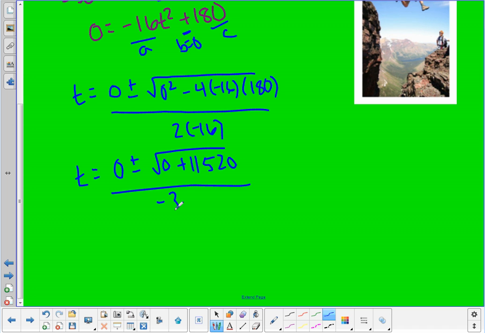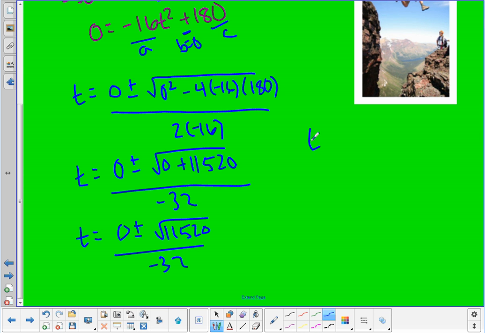All over the negative 32, I can go ahead and put those together. Adding 0 is not going to make any difference. So 0 plus or minus the square root of 11,520 all over negative 32. Now take the square root of 11,520, and I get 107.33 roughly.